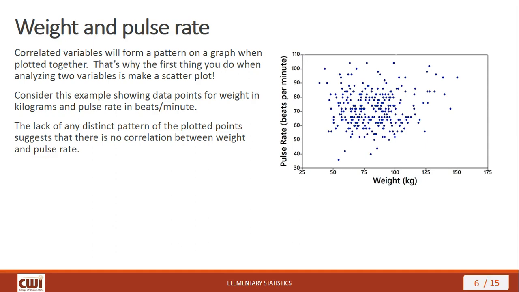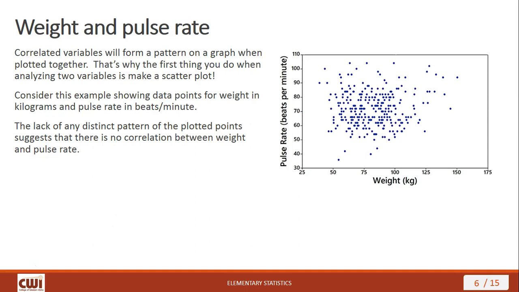Here we have what you might consider to be a shotgun effect. No real discernible pattern, just a blob there in the middle of your graph with some scattering points around the center point where most of the data is collected. So yeah, there's no real pattern here. And so therefore, the lack of this distinct pattern suggests that we don't have a correlation between weight and pulse rate.